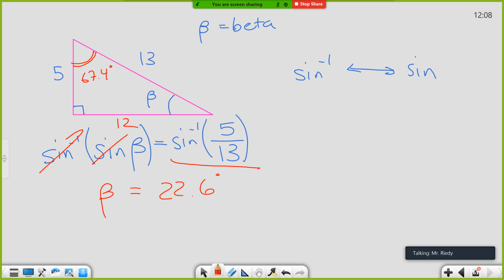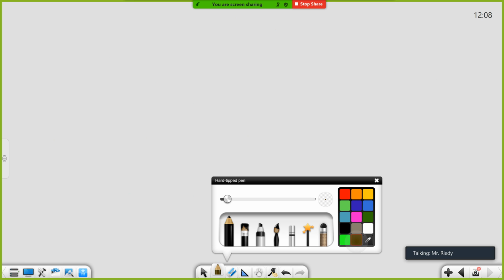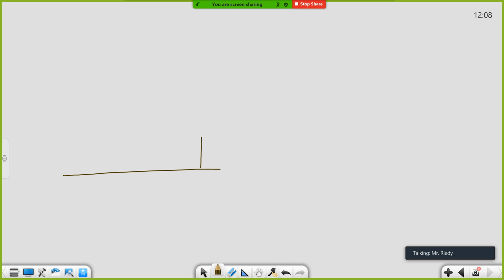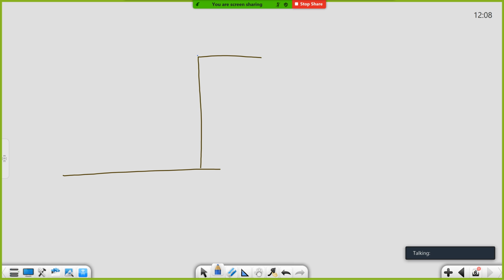Each one of the 3 trig functions, sine, cosine, and tangent, has an inverse trig function. Okay, so let's go back to the ladder against the building. So now I have a 50-foot ladder leaning against a perpendicular building, and I know the base of the ladder is 10 feet from the wall.